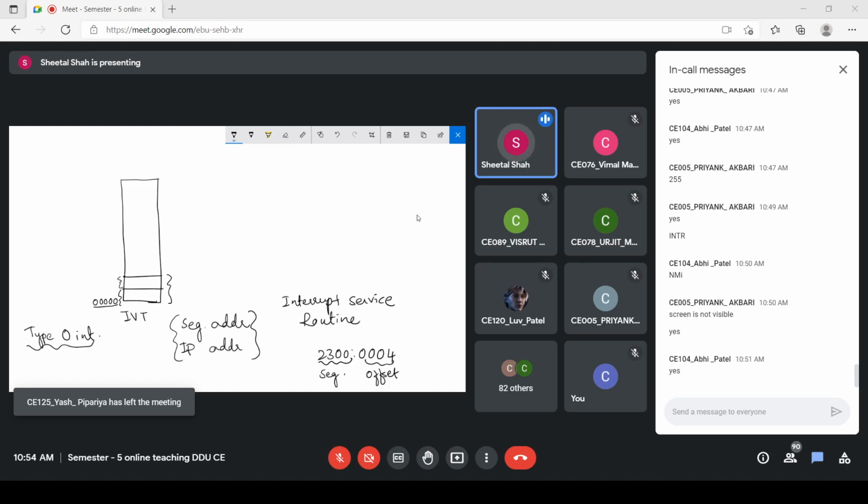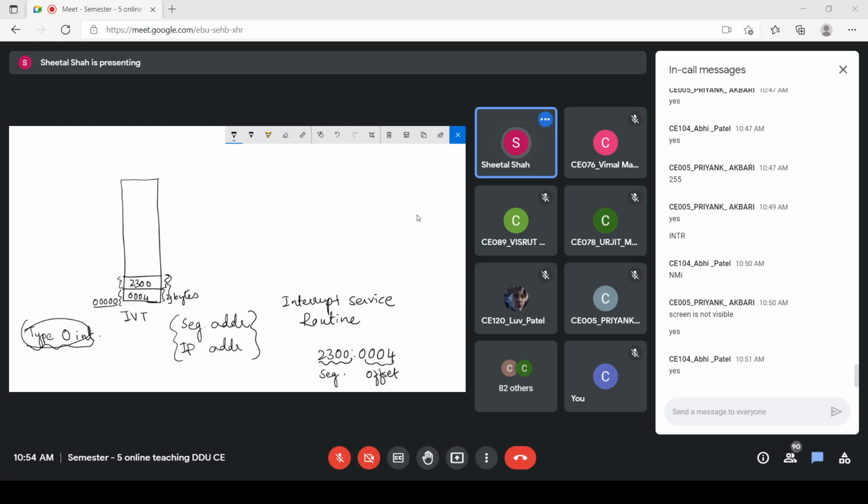Now in this case, the lower order 2 bytes contain the offset value, that is 0004, and the higher order 2 bytes would contain 2300. So this is the address of the interrupt service routine for the type 0 interrupt.